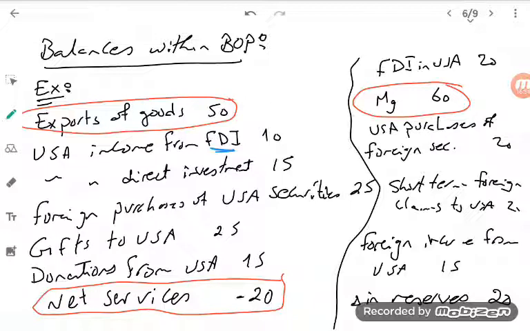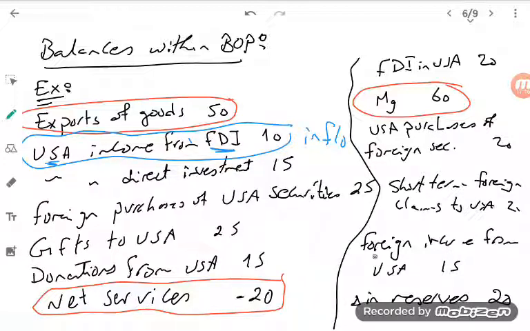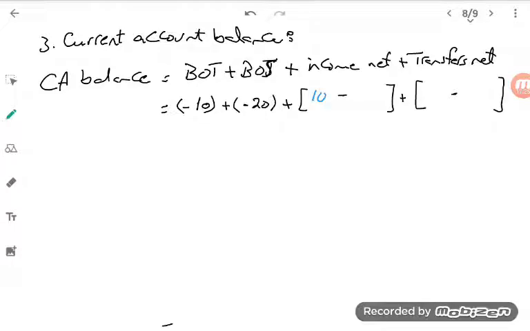And with respect to income paid, foreign income from USA. This is USA income, so this is inflow of money, and this is foreign income from USA, this is outflow of money. So it is 10 minus 15.